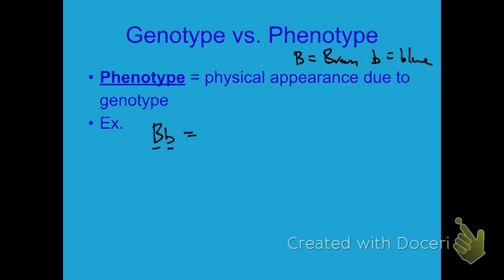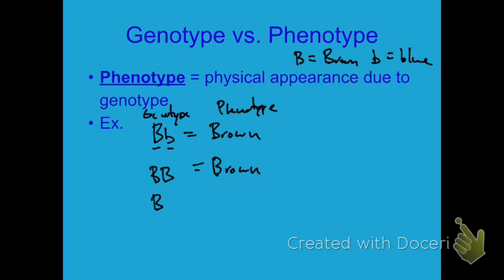Since the dominant is stronger, your phenotype would be brown, right? So this would be your genotype, and this would be your phenotype. And then if you had big B, you're homozygous dominant, so your eye color would be brown. And then little b, oops, sorry, you're homozygous recessive, it would be blue. Okay?